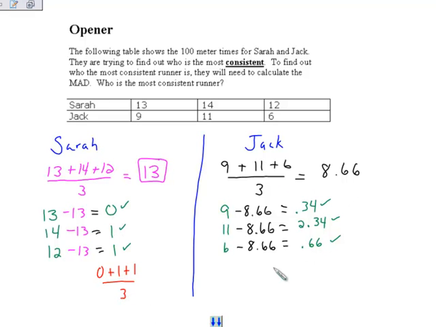For Jack, it's 0.34 plus 2.34 plus 0.66, divided by 3. So I'm going to have Miss Spiteri again stop the tape, and I want you to calculate those two for me.